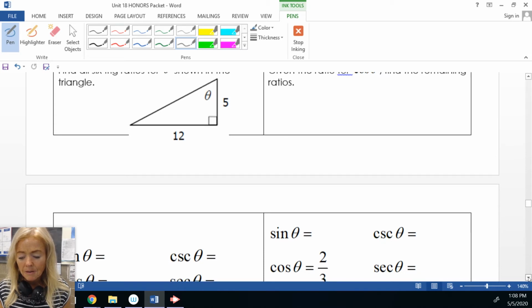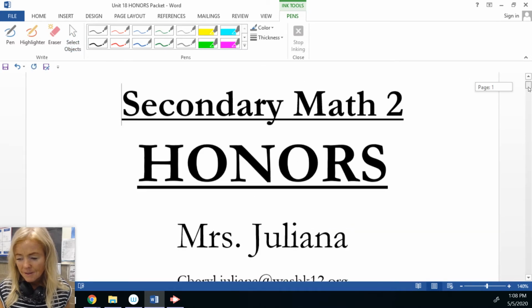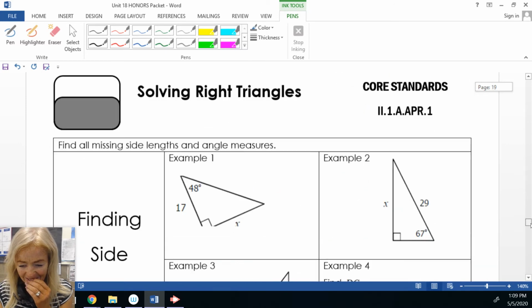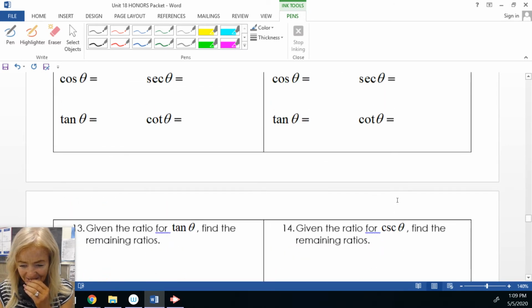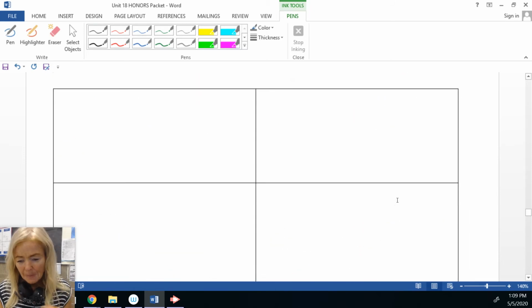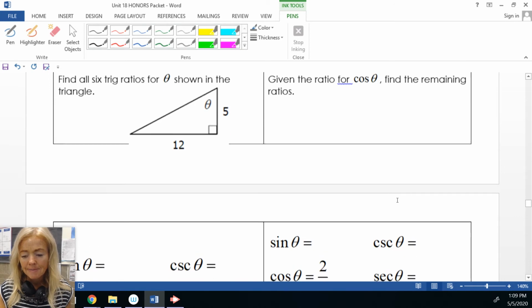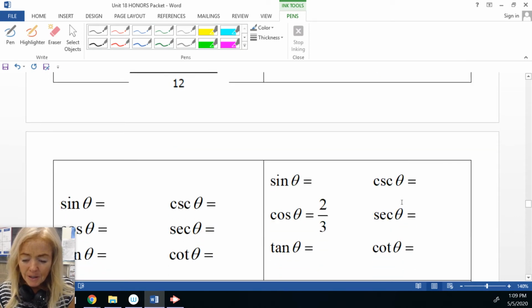Anyway, we want all the trig ratios for these. Dang it. It's going to waste some time here trying to get everything on one slide. This is homework. Oh well. All right, so find all 6 trig ratios for theta shown in the triangle.